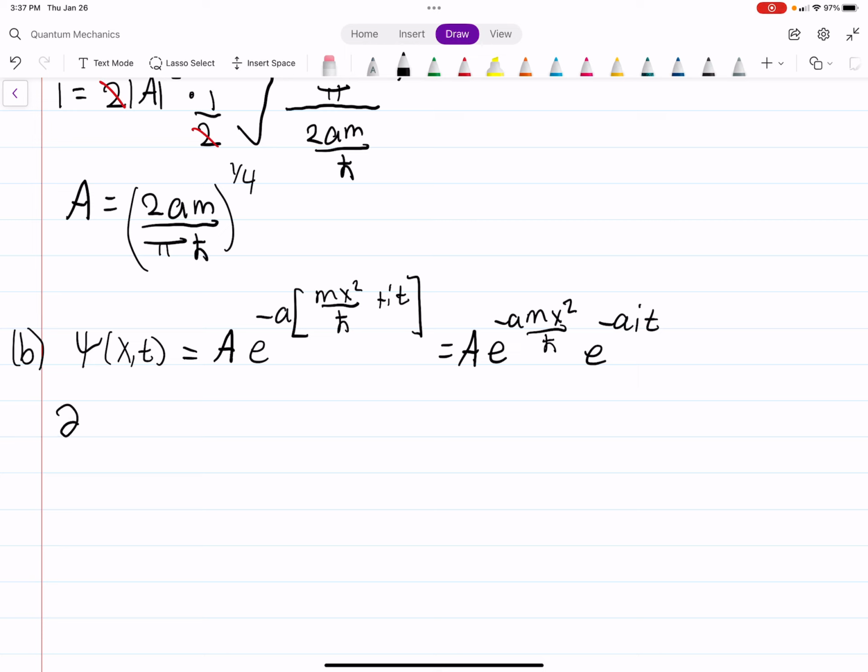So if you want to take the derivative of our wave function with respect to time, this part is just all constant. So you're really only taking the derivative of that part.